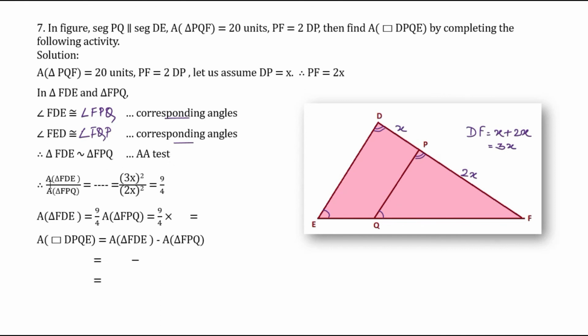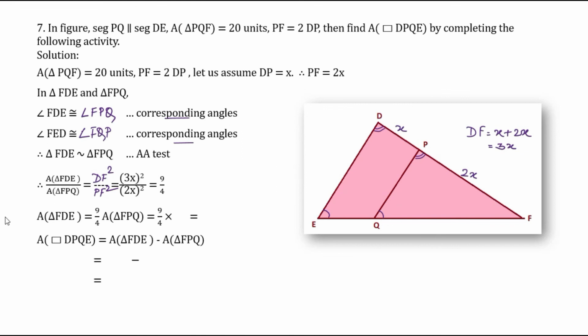Next is area of triangle FDE upon area of triangle FPQ. FDE, this entire bigger one, upon FPQ. I can take here the corresponding sides, that is DF square upon PF square.